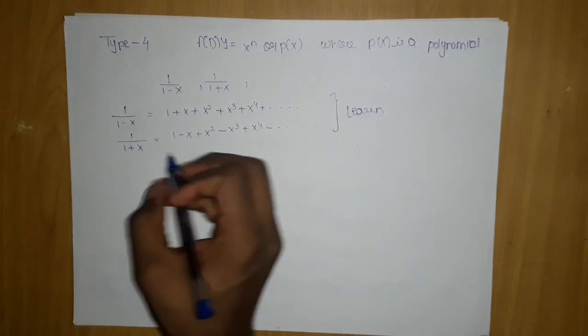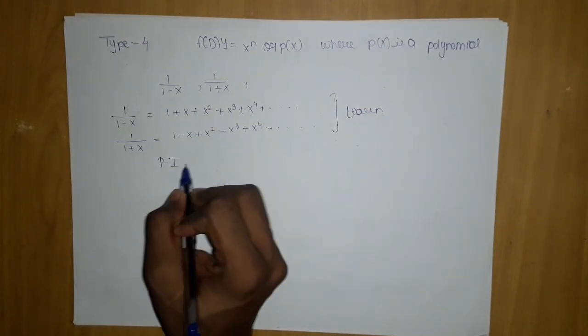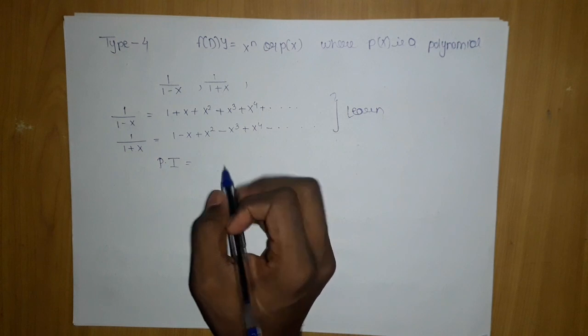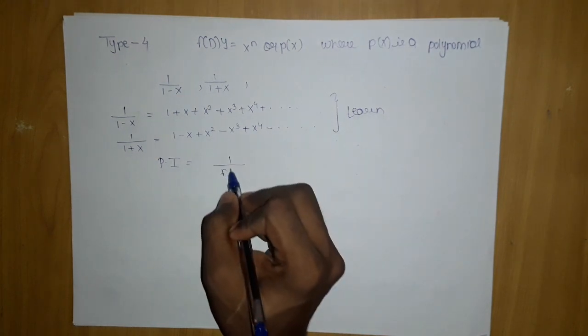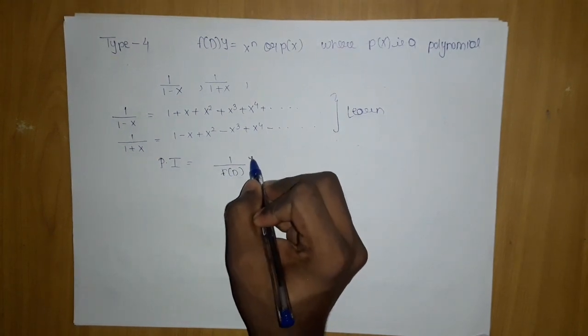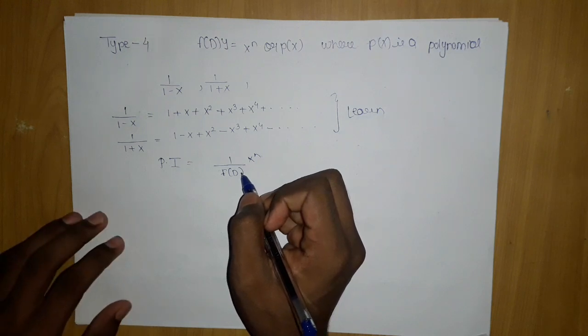Here the particular integral will be nothing but 1 by f of D into Q of x, which can be x power n or p of x, whatever.